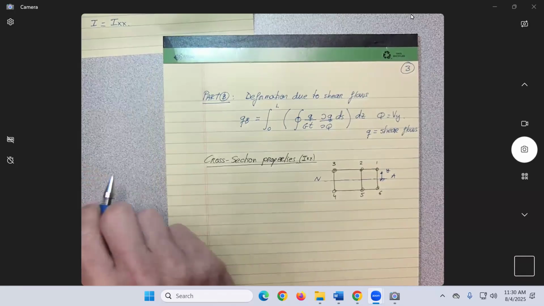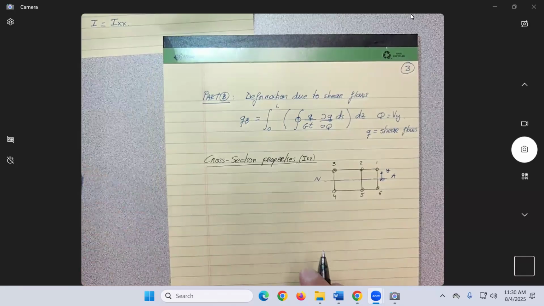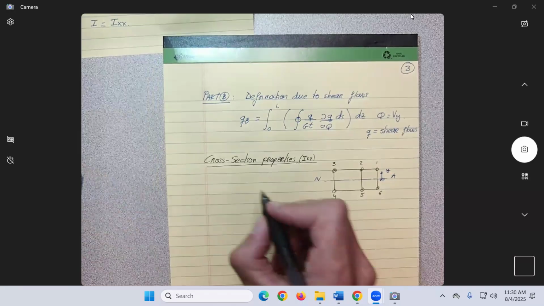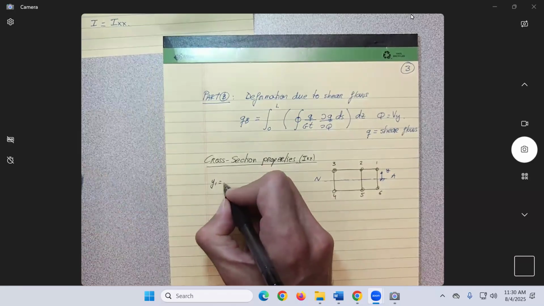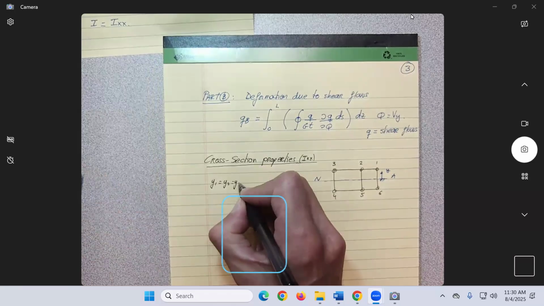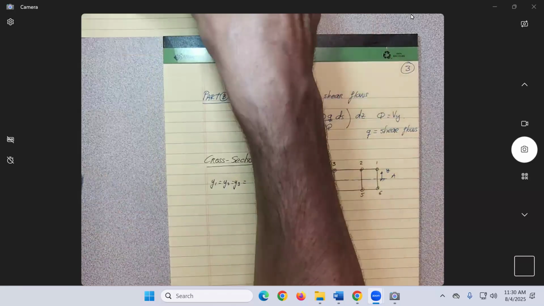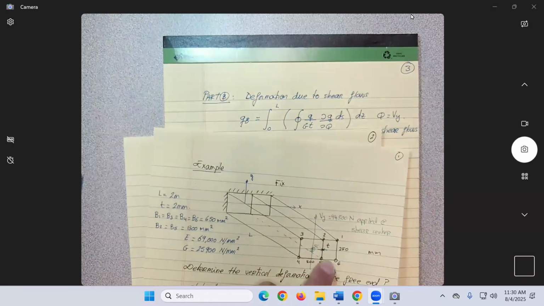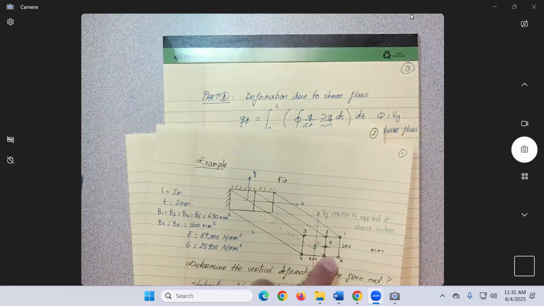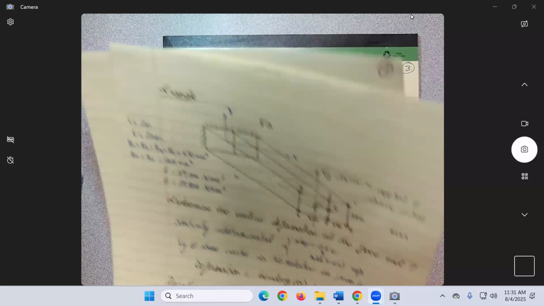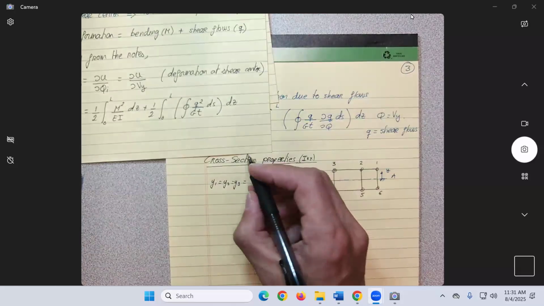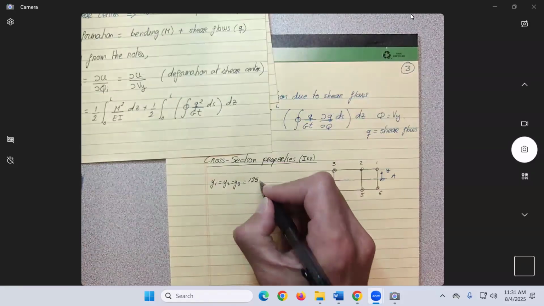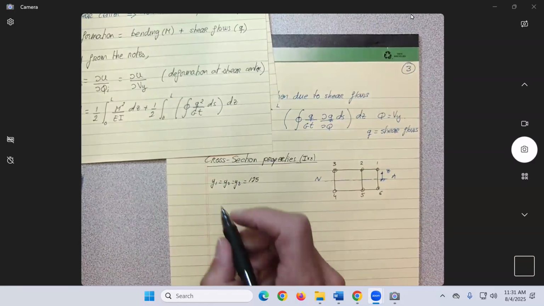Okay, so in this problem, what do we have? We have y1 equal y2 equal y3 equal to what? What was the thickness from the initial figure? Or the depth of the wing is 250, no? So what should be our y? Half of it, no? 125.